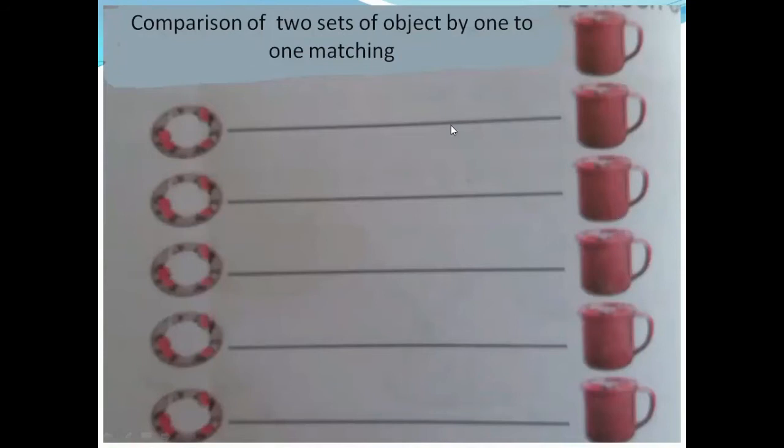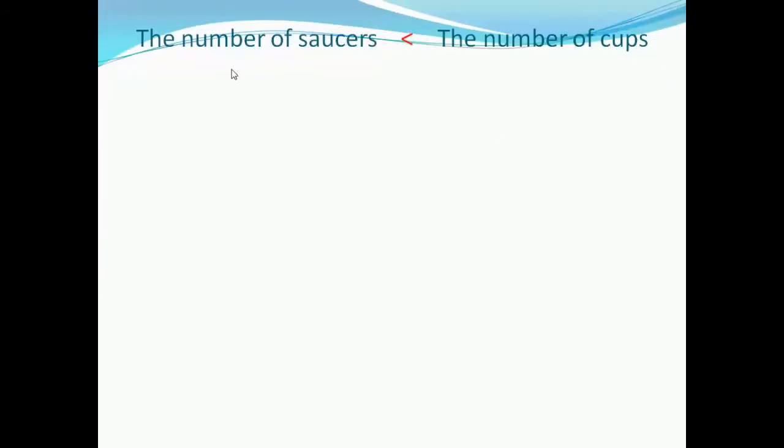I repeat again, the quantity of the cups is more than the saucers, and the quantity of the saucers is less than the cups. The number of saucers is less than the number of cups.